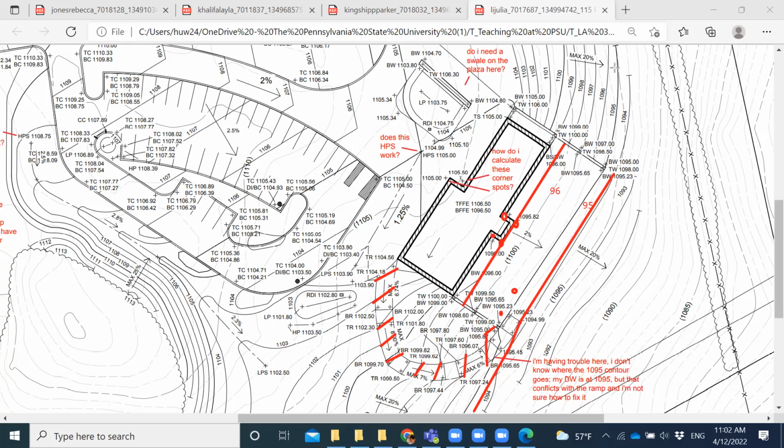Yeah, 95 would connect back to your 95. Your 95 is already here. Your wall can stay there. It's just your 96 will be there. You would change your 95 contour instead. Your wall can stay where it is.